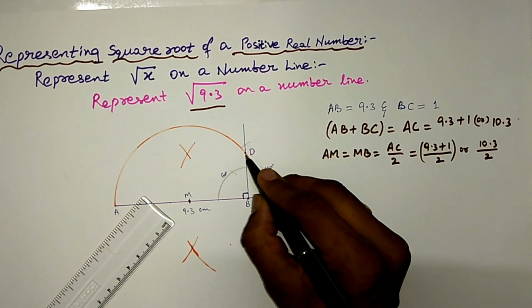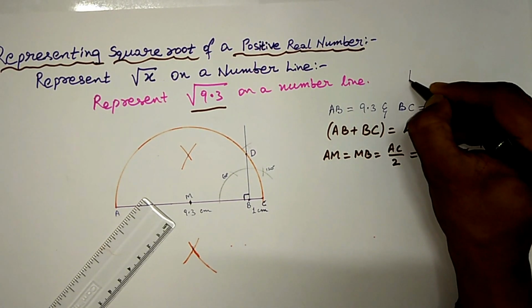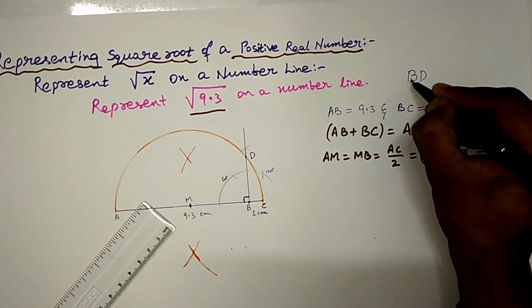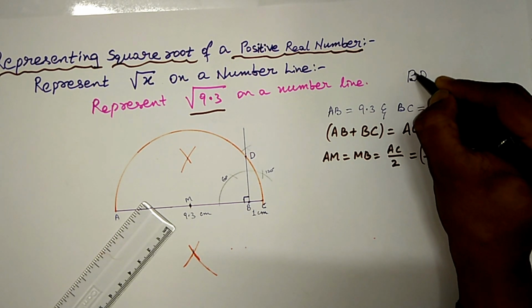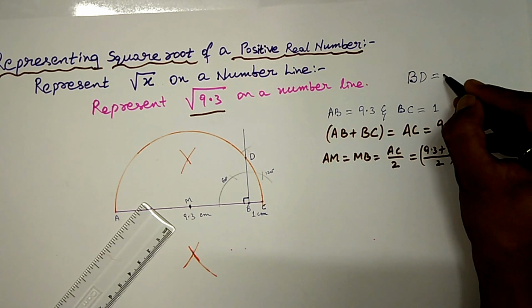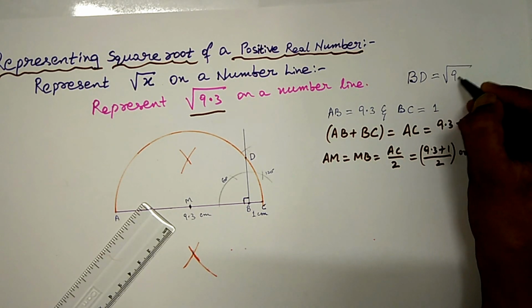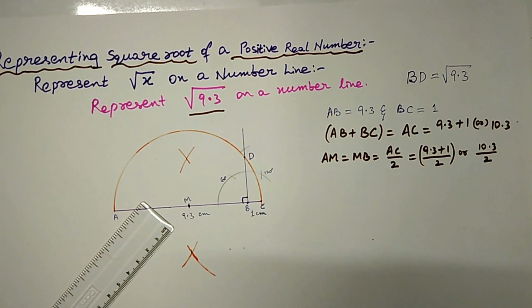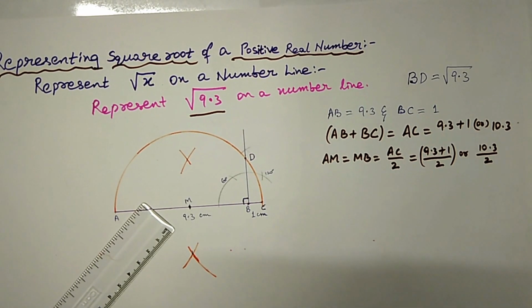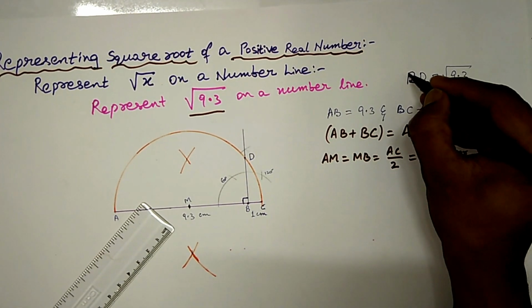Now the length of this BD is the root of 9.3.